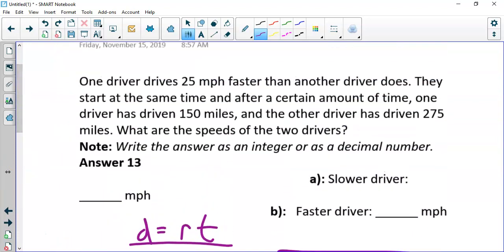Okay. Now let's talk about the rates. It says one driver drives 25 miles per hour faster than another driver. So what is that going to look like? Nope. Someone will have a plus 25. Who will have the plus 25? The fast driver. Can't be the slow one, because if I add 25 miles per hour, that means that's the fast one, right?